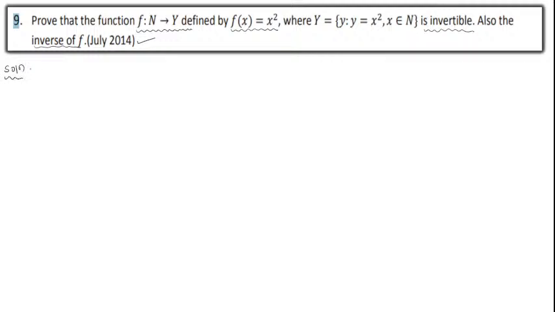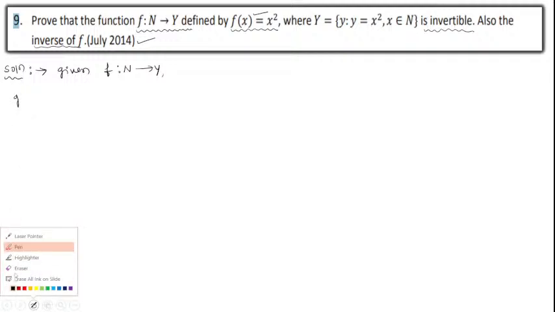In the previous video I gave you the easiest steps to prove that the given function is invertible, so again we will recap here. First you have to write what is given. Given: f is defined from the set of natural numbers to set Y such that f of x is provided.